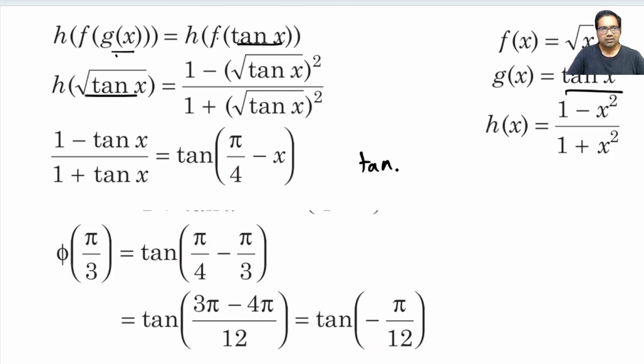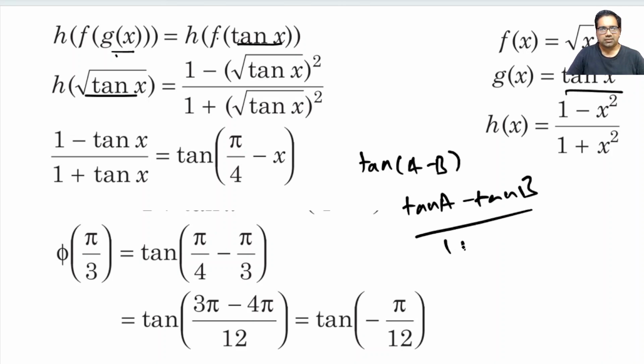Basically tan of (a minus b) is equal to (tan a minus tan b) by (1 plus tan a tan b). We know this identity, right? Very basic identity.